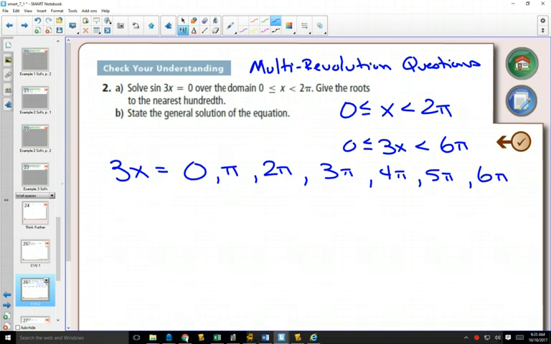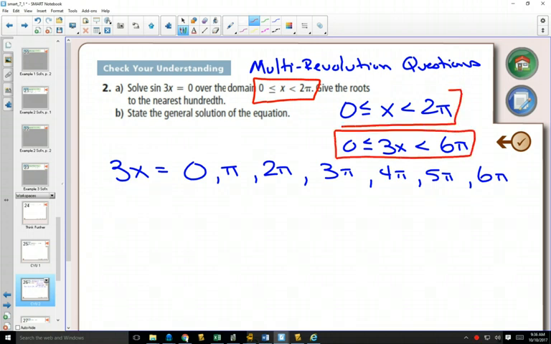Now, the textbook does this sometimes. Notice our domain here. Notice there's an equal sign with the 0. There's not an equal sign with the 2 pi. And so when I multiplied everything by 3, it's 0 less than or equal to 3x less than 6 pi.